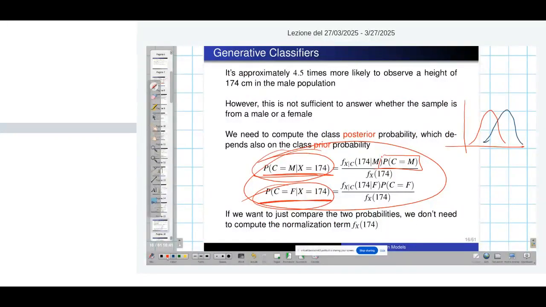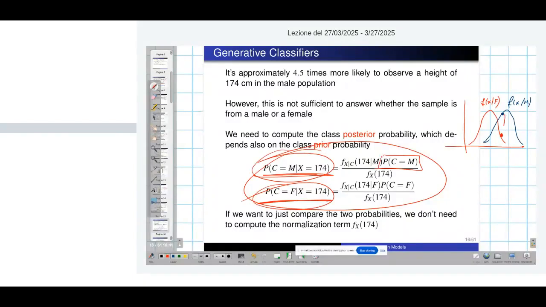Now, this tells us the class conditional probability. So the probability of seeing 175 in the male class with respect to the probability of seeing 175 in the female class. But that is not all the story. What is it that I want to compute? What is the probability that I have a male or a female given that the person is 174 centimeters tall?